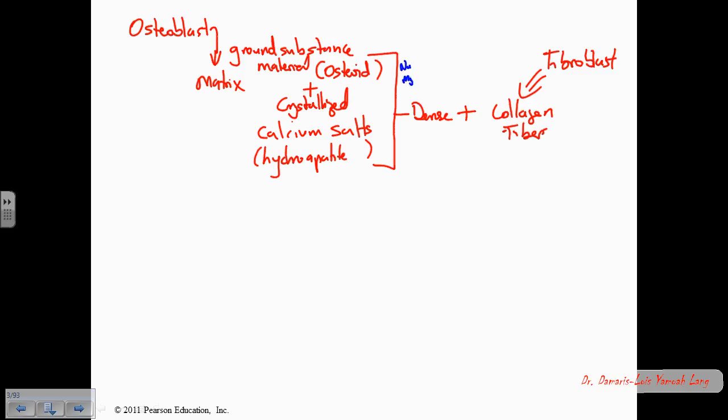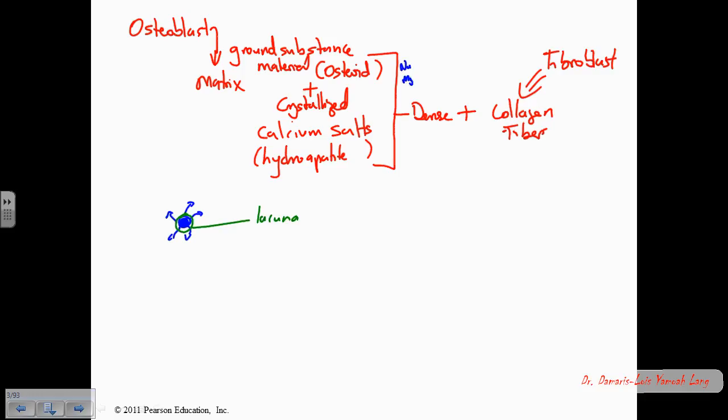Now, guess what? If I'm an osteoblast and I'm secreting all this osteoid material around me and it is getting crystallized, do you think I, the osteoblast, can move from where I am? No. Absolutely. So the space where the osteoblast sits as it secretes the stuff is called lacuna.